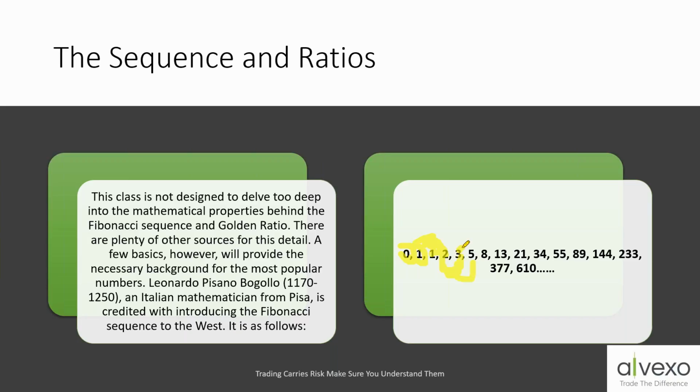If we add 3 and 5 together, we get 8. We add the 5 and 8 together, we get 13, and so on and so on. And this is where these Fibonacci numbers come from, this Fibonacci sequence. This sequence then is combined to give us these ratios.